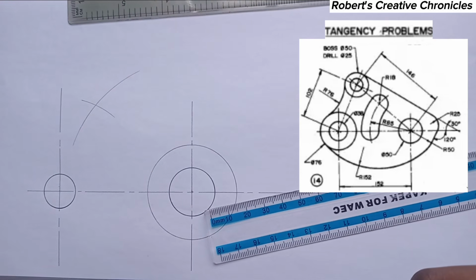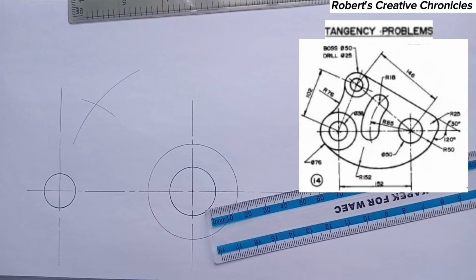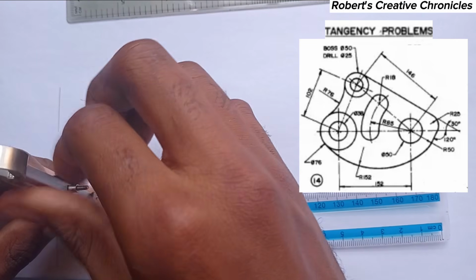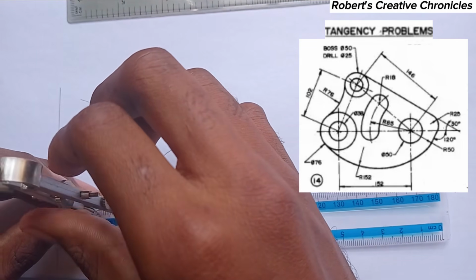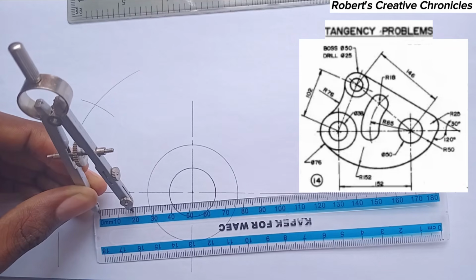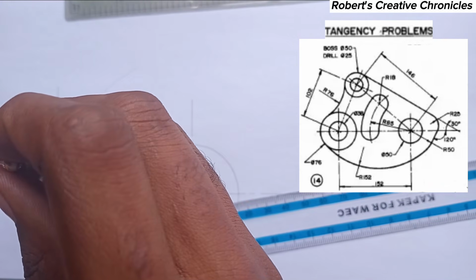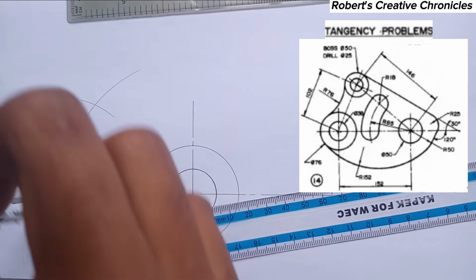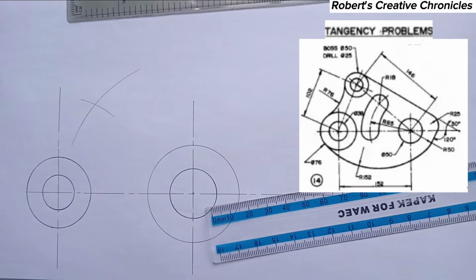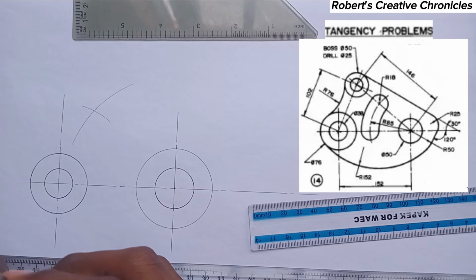So now the outer one is what? The diameter is now 38. So half of 38 is 19. So we measure 19. So here the inner circle is what?